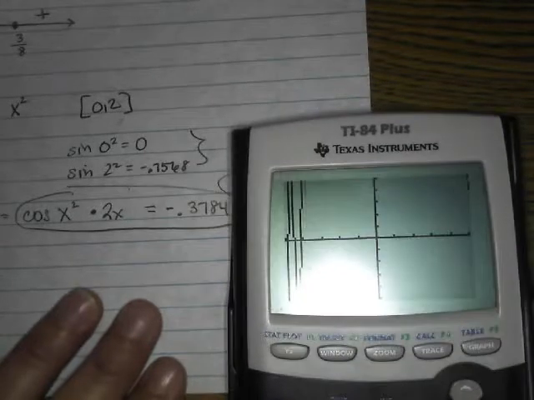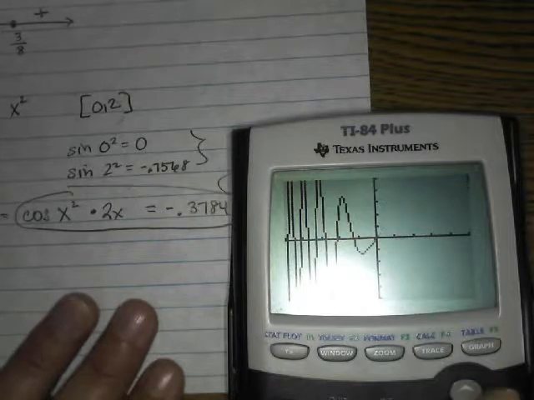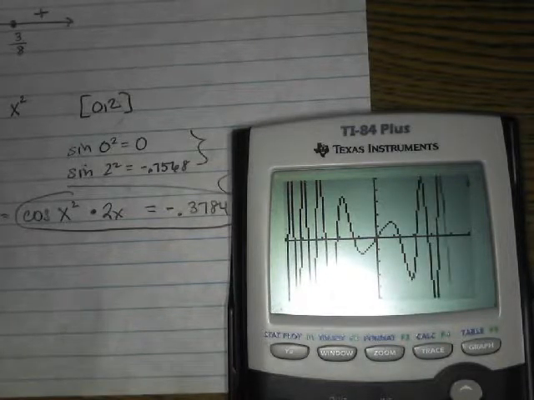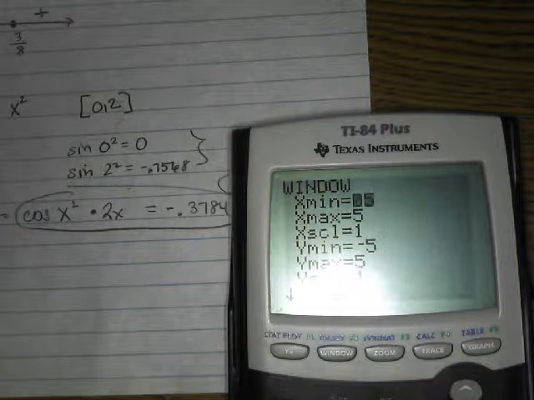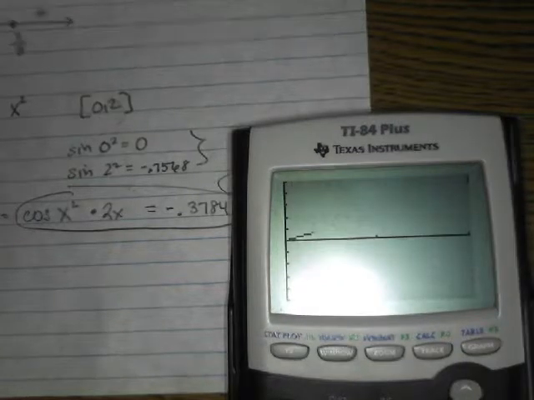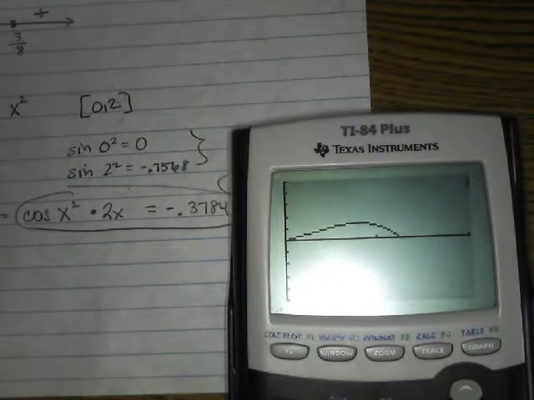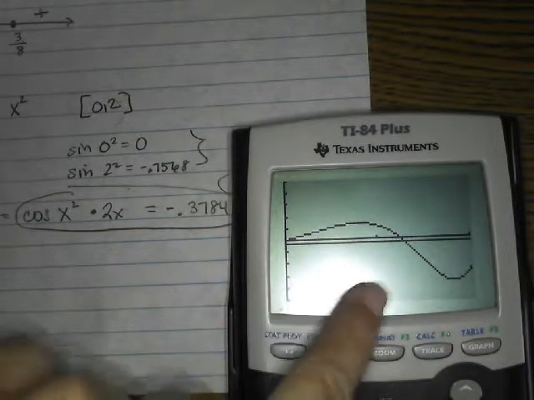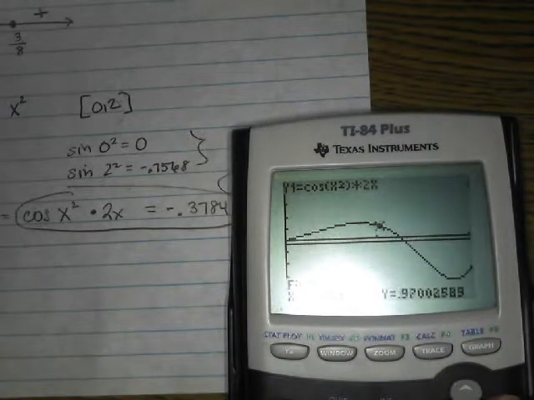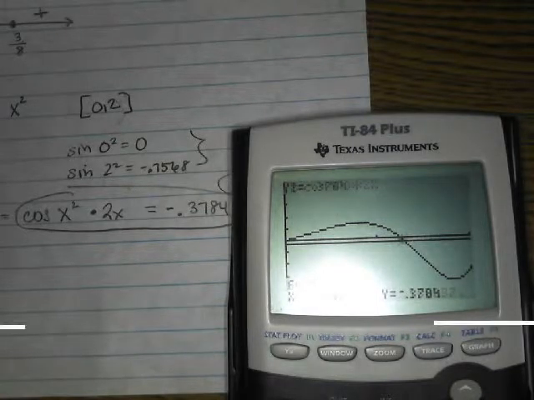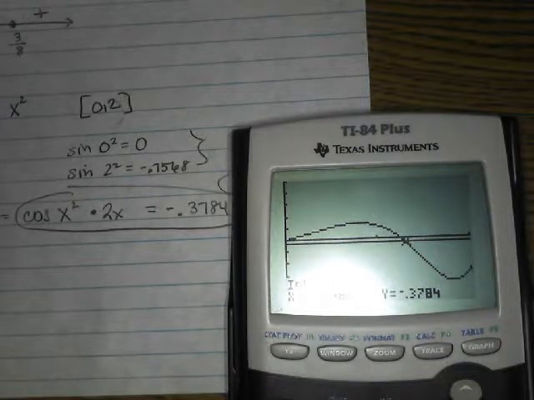So right here: second trace, option 5, intersect, get over there, enter, enter, enter. 1.3099 is B. That's clear. So that's B.